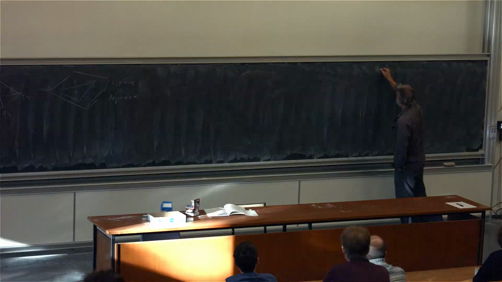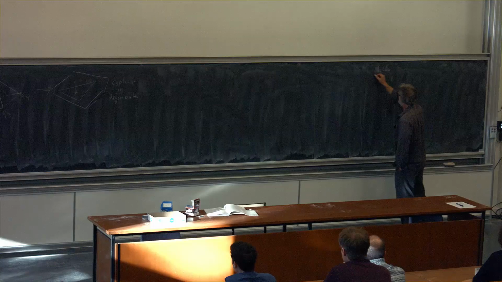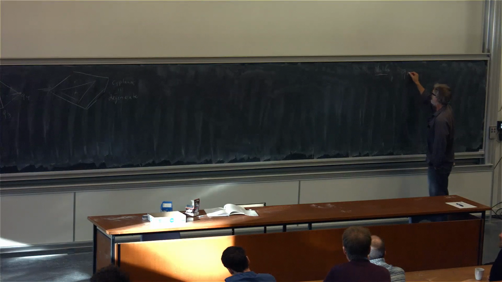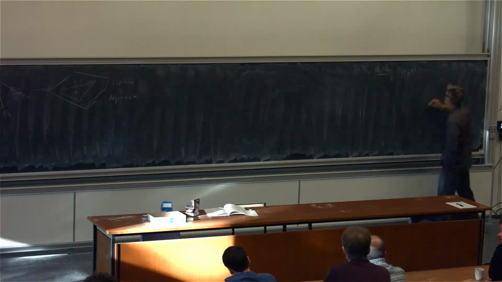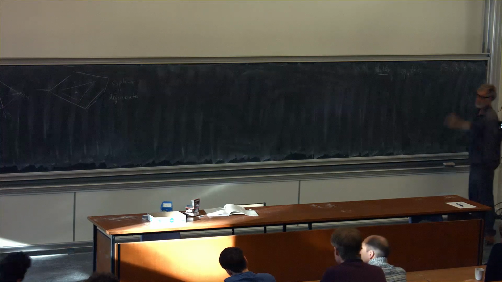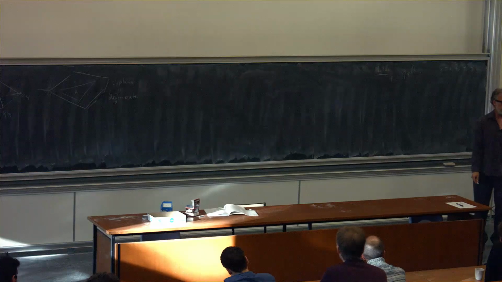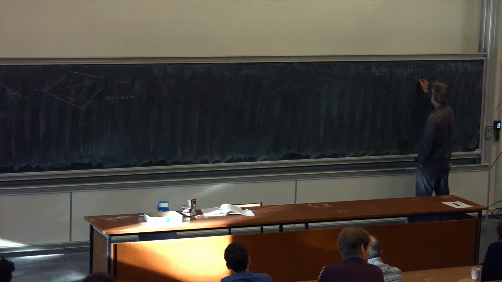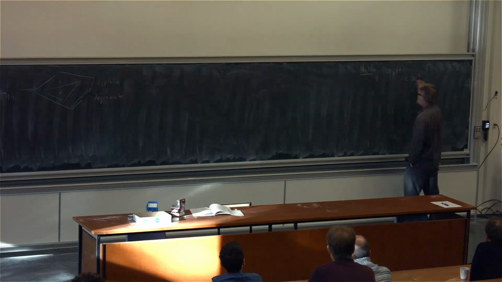Okay, so the motion. So I have Q_k of t, k equals 1, 2, 3, 4. I'm just going to write down Newton's equations. So the Q_k of t are in R3.